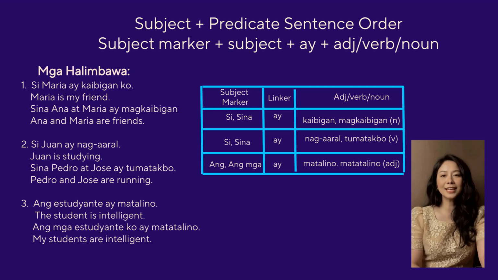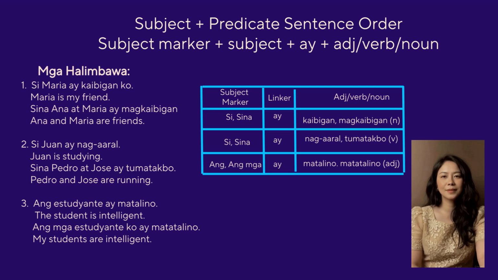We use the I linker here, plus kaibigan as a noun. So, si Maria ay kaibigan ko. For the plural form, sina Ana at Maria ay magkaibigan. We are using the sina as a subject marker, introducing Ana at Maria, plus the I linker, plus magkaibigan as the noun.